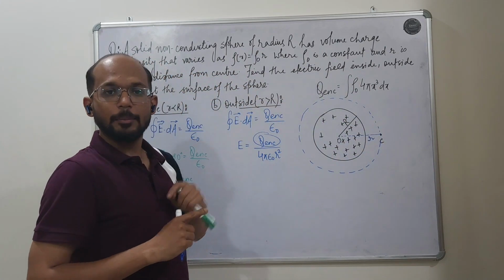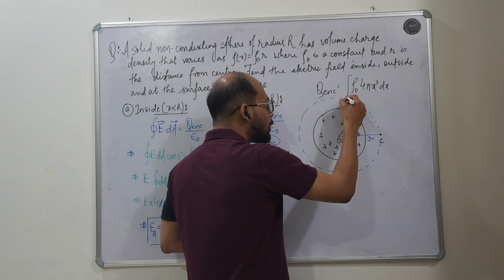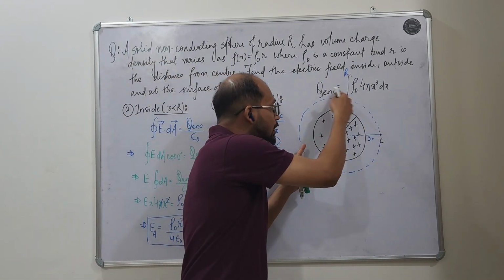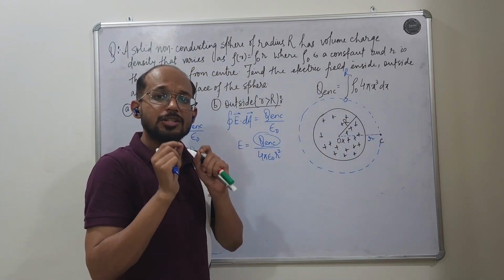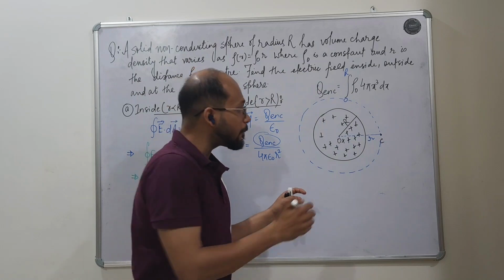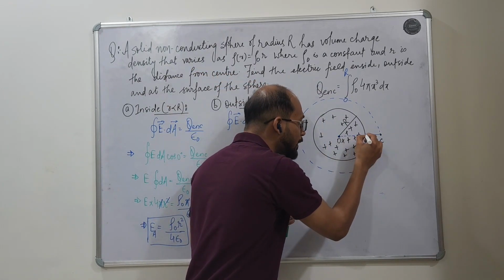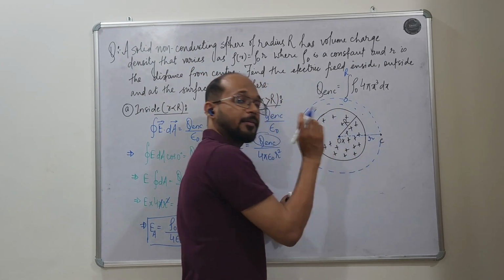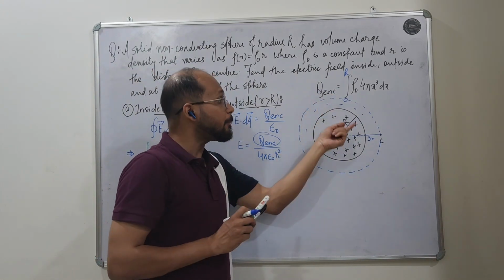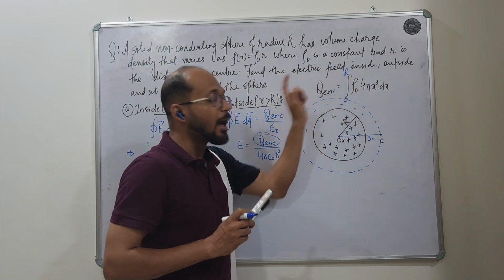What will be the limit of integration? It will be from 0 to capital R only. Why? Because within this Gaussian surface, the charge is distributed only in the sphere of radius capital R. That means charge is present from 0 to capital R only, not in this space, so the total charge enclosed is present within the limit of 0 to capital R.